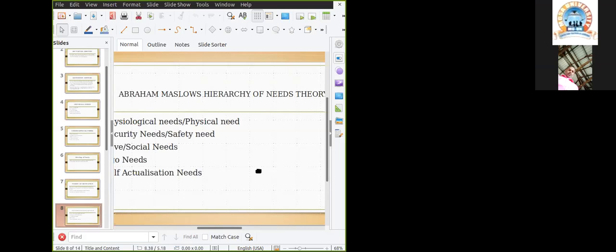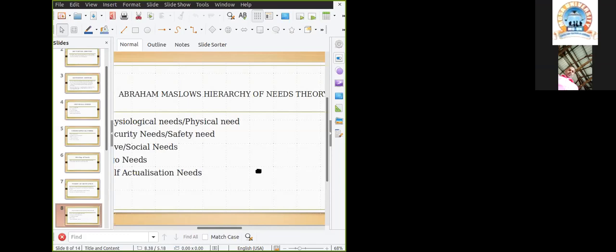If we are to understand how a human being can be motivated, then we have to understand these 5 needs of human beings that Mr. Maslow identified.